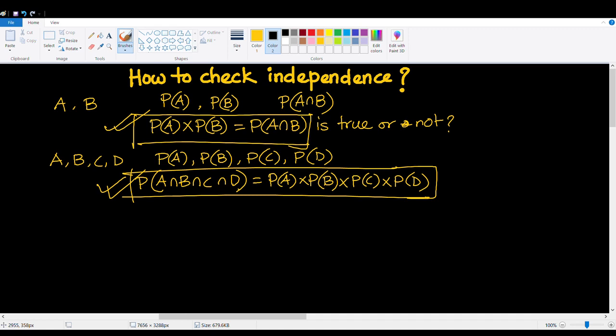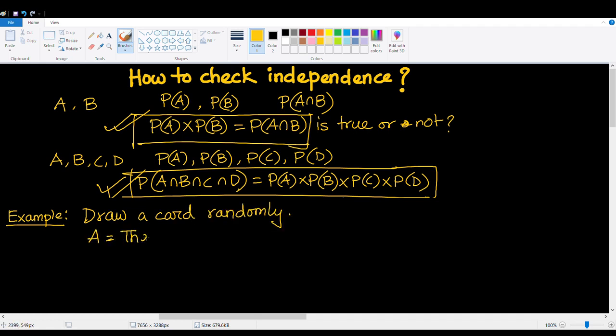So let's see an example. Draw a card from the deck randomly. Event A is the event of the card being a king, and event B is the event of the card being a heart.